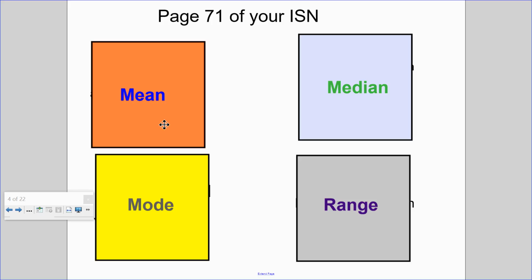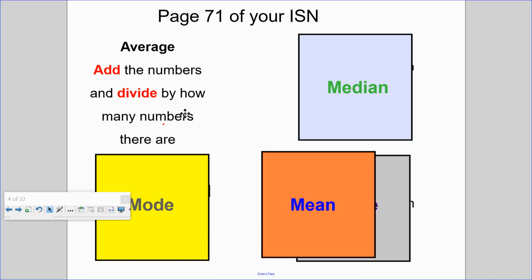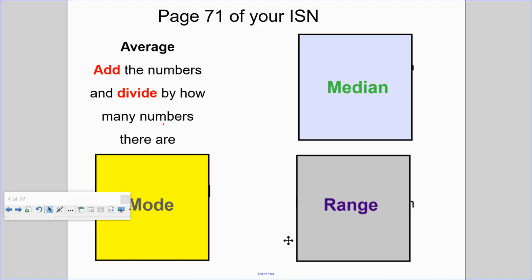So for example, mean. What is mean again? We just talked about it. What's another word for it? Average. And how do you do mean or average? Hopefully you said you add the numbers and divide by how many numbers there are. So copy that down. Or since you're watching this video, just look at it.